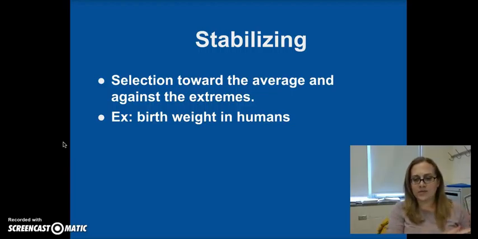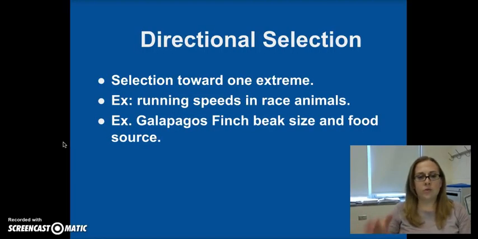You don't want to have babies that are super small because low birth weight is not a good thing. But at the other end, you don't want to have really high birth weight either, because then that's going to be much harder on the mother. So you tend to see stabilizing selection here, and so you tend to see birth weight come towards the center in a bell curve.